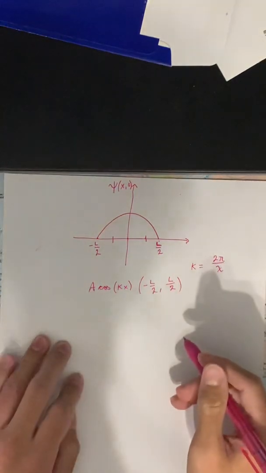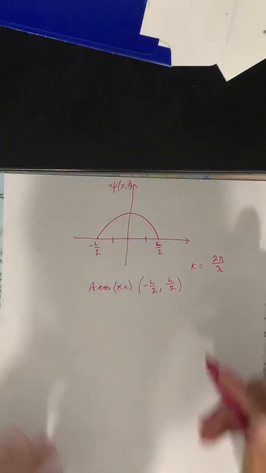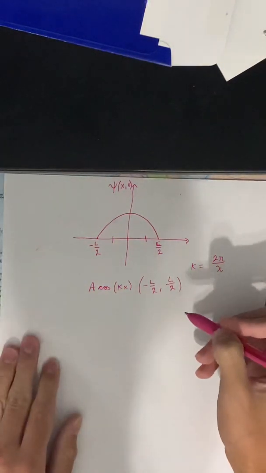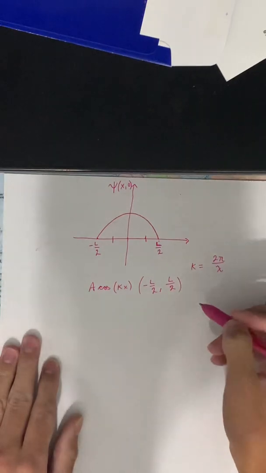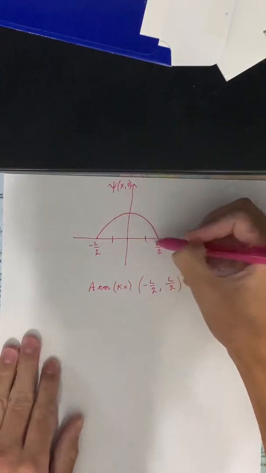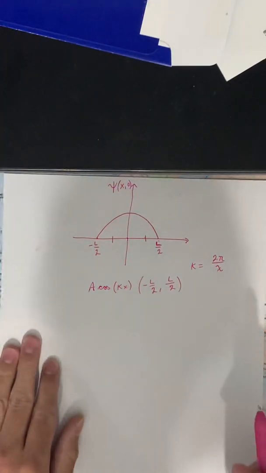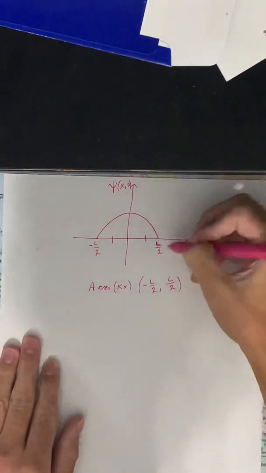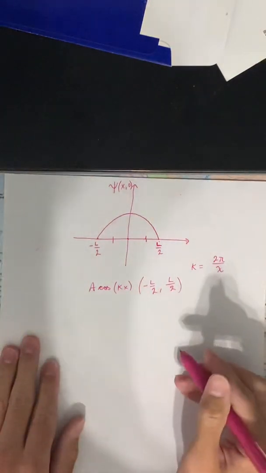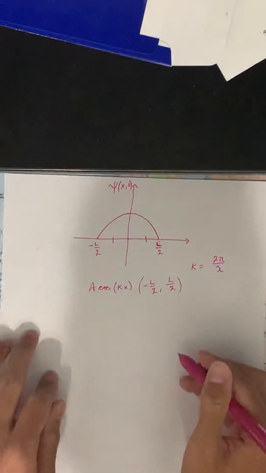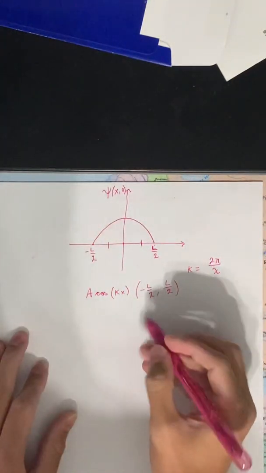So let's look at it, right? Beyond the interval from negative L over 2 to L over 2, there's no probability that the particle is going to be there, because the wave function is only represented with this cosine graph. So evaluating the wave function at x equals L over 2 is going to help us find the normalization constant. So let's see.